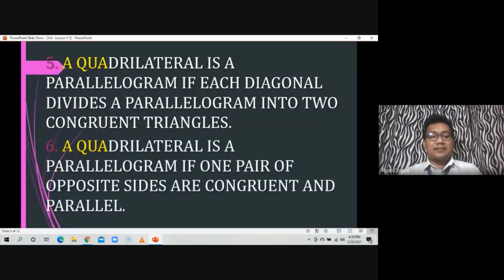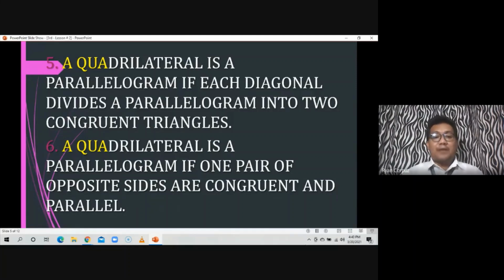And number 6, sabi dito, a quadrilateral is a parallelogram if one pair of opposite sides are congruent and parallel. It's just like we are defining parang a parallelogram. Diba?